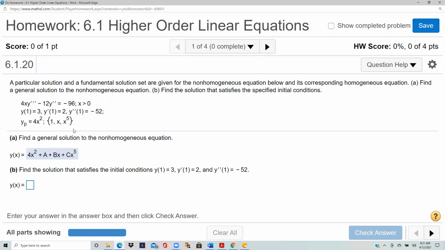And then this will be most of the work. Find a solution that satisfies these initial conditions. So y of 1 is equal to 3. So let's copy this. y of x equals 4x squared plus a plus bx plus cx^5.